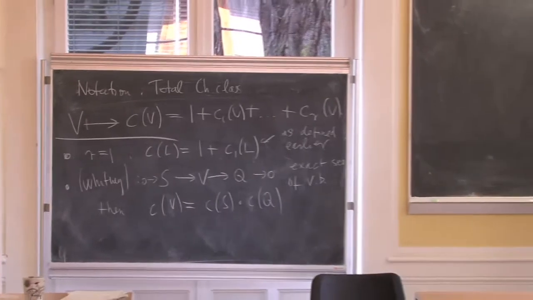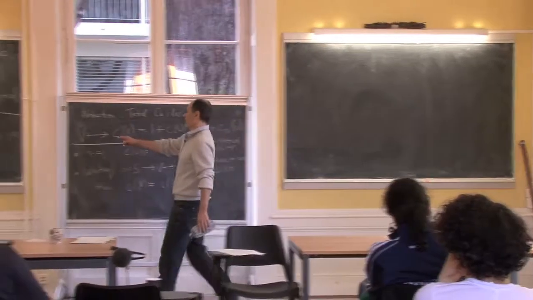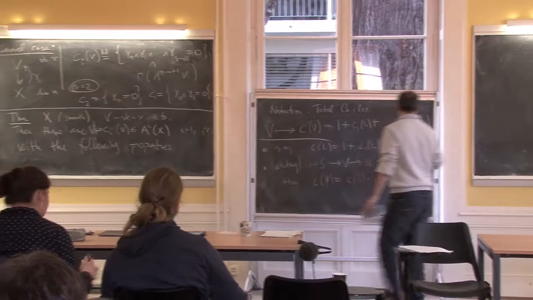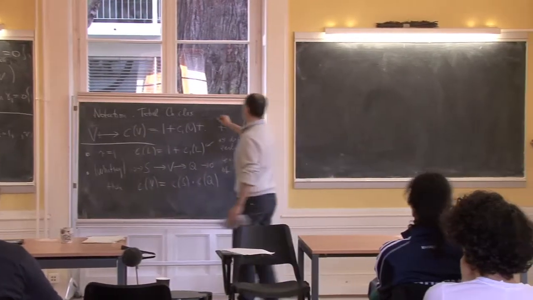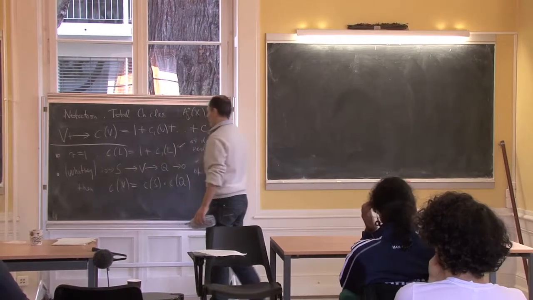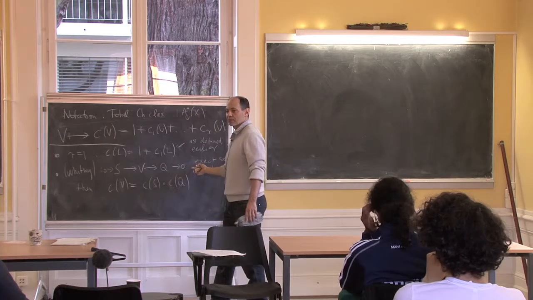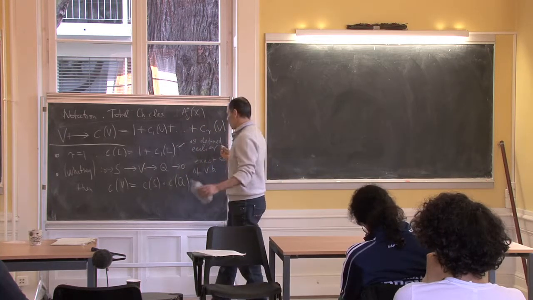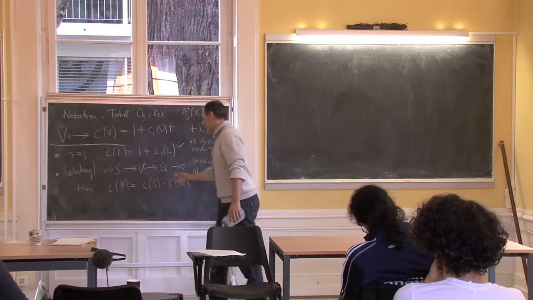So as you can see, if you think of this map of mapping vector bundles into the Chow group, then you get a great simplification, because basically you split, if you like, every exact sequence. Whenever you have an exact sequence, it just becomes a product.